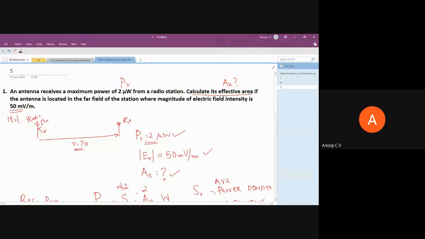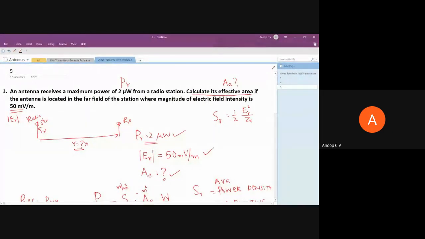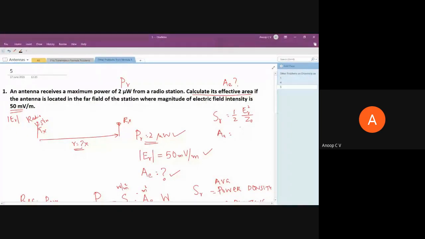The equations to remember are SR is half ER square by Z naught, and effective aperture is the ratio of received power to power density.